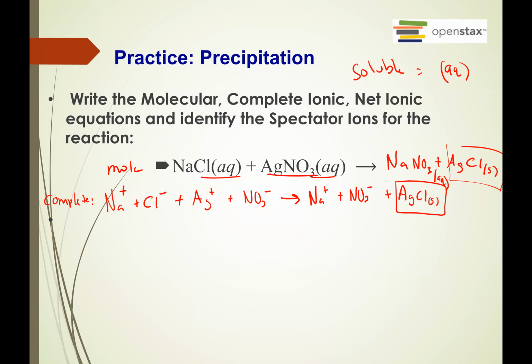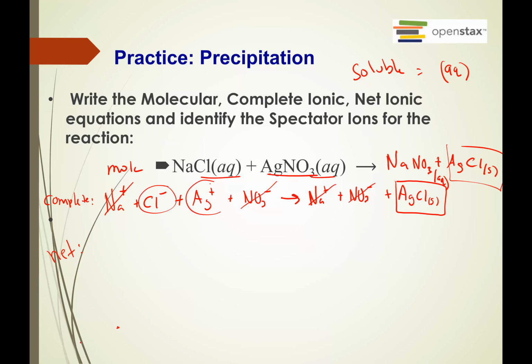We completely break everything up. The next step is the net ionic equation. So for our net ionic equation, we cross off everything that's exactly the same on each side. So Na is the same, Na is the same, NO3 is the same, NO3 is the same.